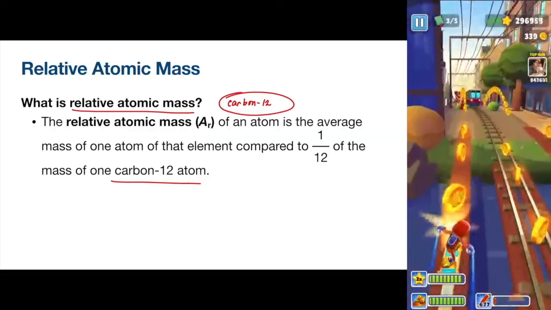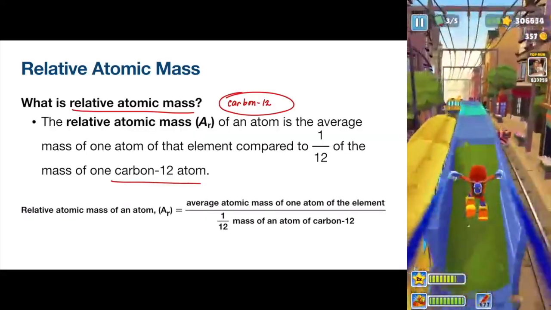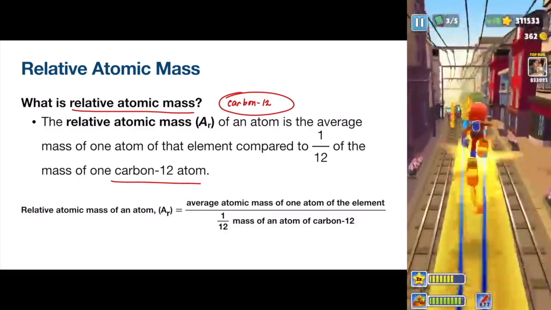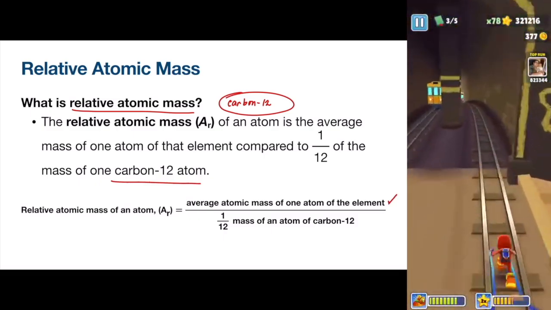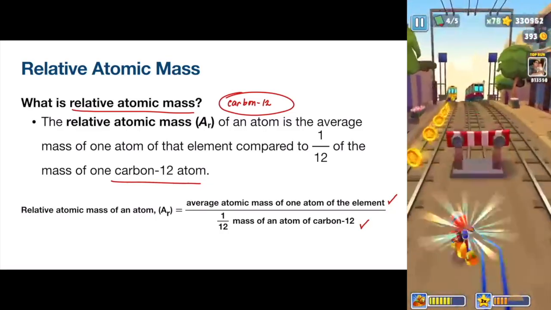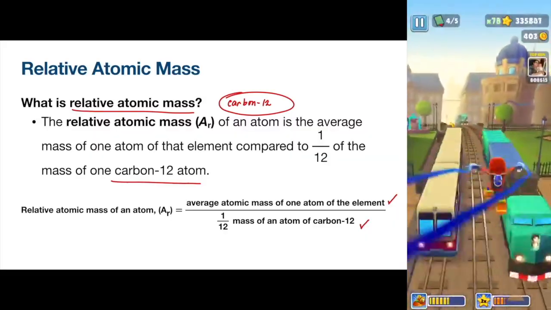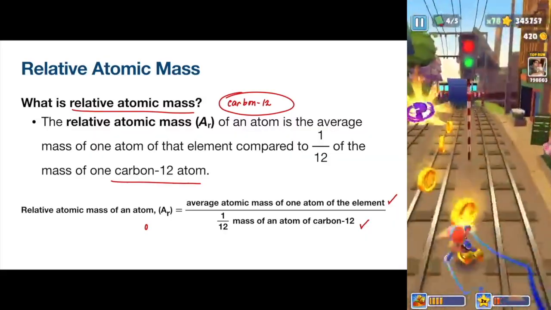This statement is also summarized in this formula. The top part of the formula is the average mass of one atom of the element, and the bottom part is 1/12 of the mass of an atom of carbon-12. So for example, we are looking for the relative atomic mass of oxygen.